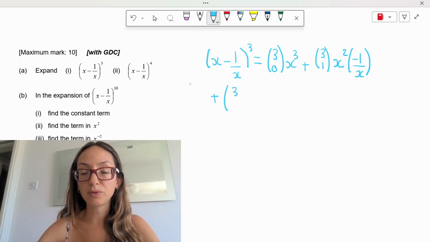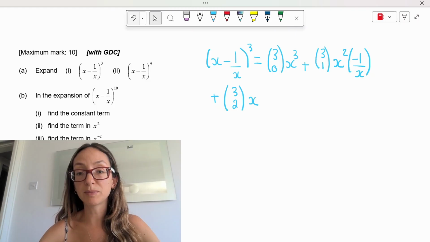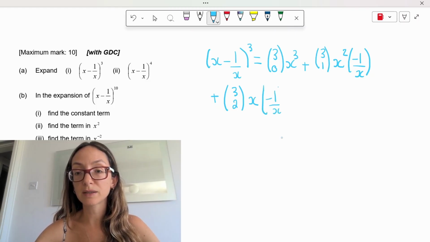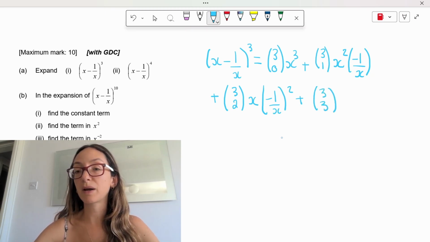Plus 3 choose 2, x to the power of 1, which is simply just x. And then we have minus 1 over x squared. And then finally, the last term, 3 choose 3, x to the power of 0, which is just 1, so we don't have to write it. And then minus 1 over x to the power of 3.